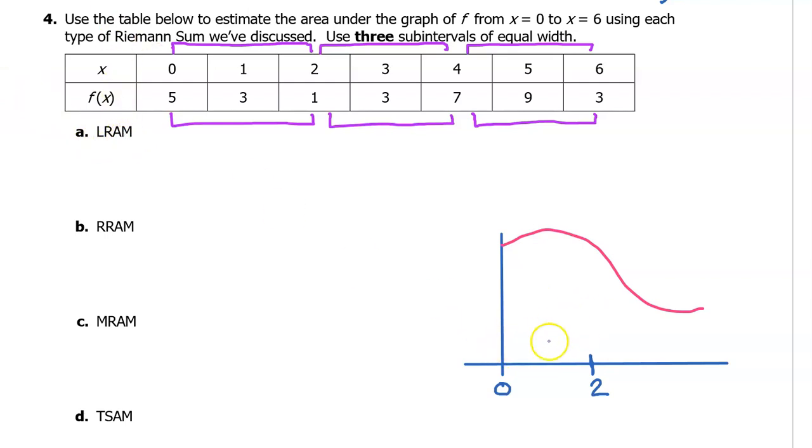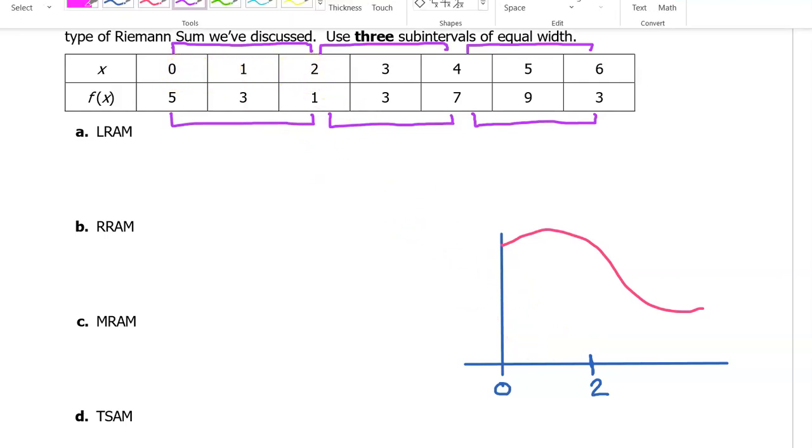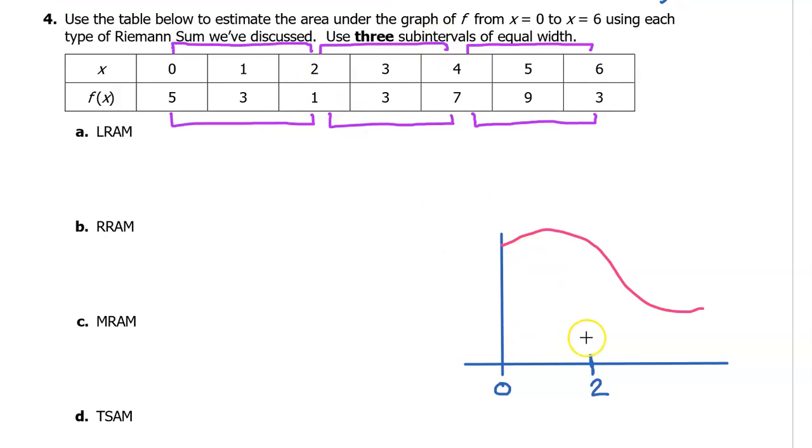I'm going to draw a little diagram of what's going on in the first interval from 0 to 2, but you would never actually draw this. You would just picture this in your mind. So because we are doing the left rectangle approximation method, I'm focusing on the left edge of this rectangle, and that is going to touch the function.